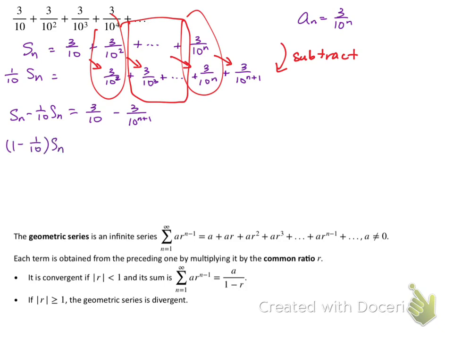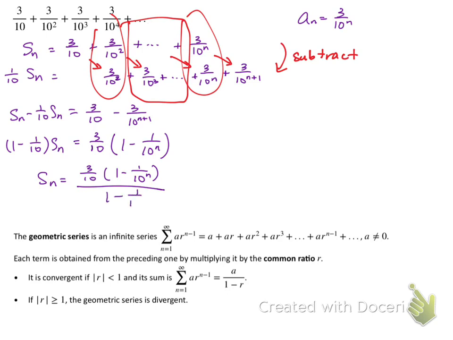I factor out the coefficient, and on the right-hand side, I can factor out 3 over 10, times 1 minus 1 over 10 to the nth power. Dividing by this coefficient, I have S_n equals 3 tenths, times 1 minus 1 over 10 to the nth power, over 1 minus 1 over 10. Okay?